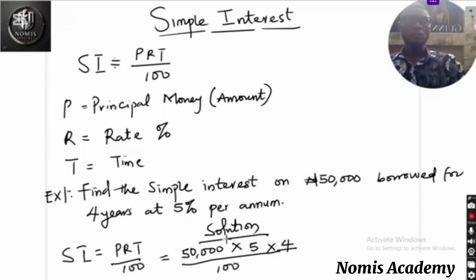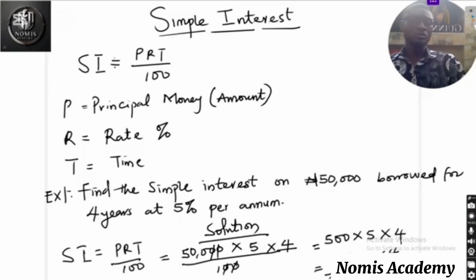So we can just reduce it by saying 0 cancels 0, 0 cancels 0. That's what we mean by 50,000 divided by 100, so we'll be left with 500. So 500 multiplied by 5, then multiply by 4. 500 multiplied by 5 is 2,500. 2,500 multiplied by 4, so we have 10,000.